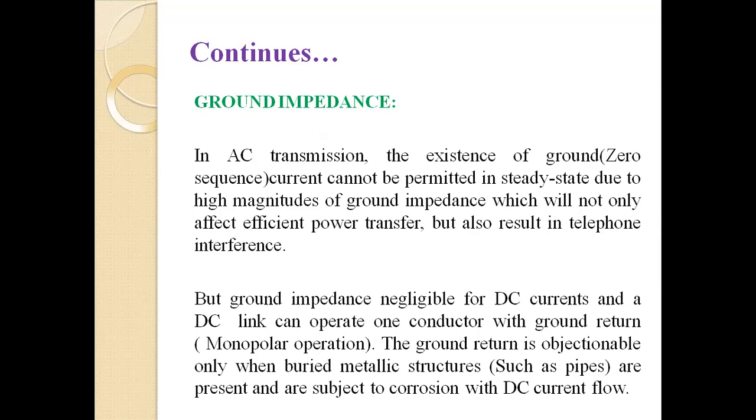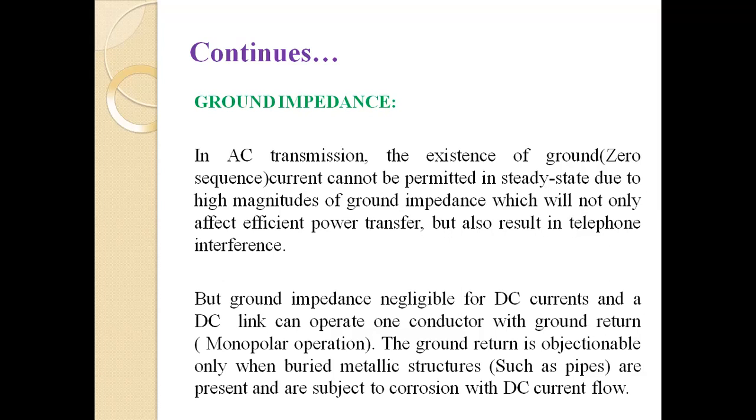Next point is the ground impedance. In AC transmission, the existence of ground zero sequence current cannot be permitted in steady state due to the high magnitude of the ground impedance, which will not only affect the efficient power transfer but also result in telephonic interference.